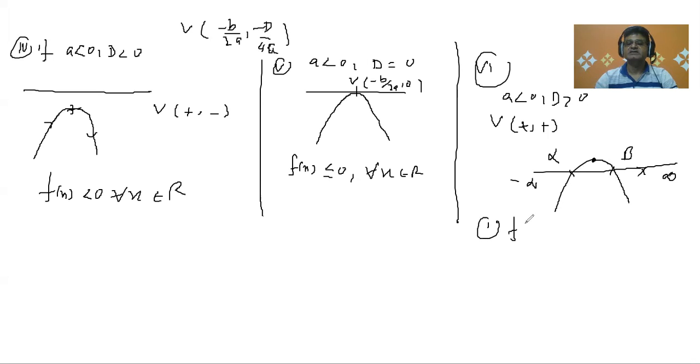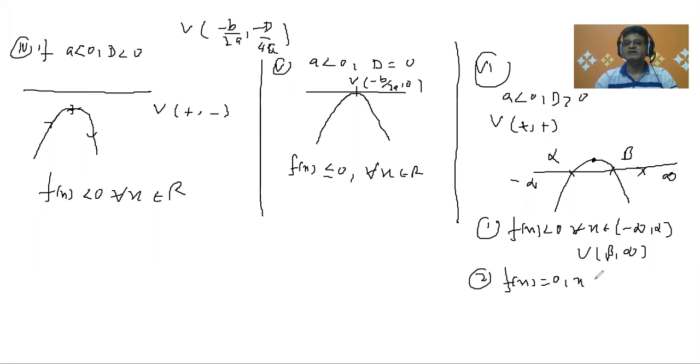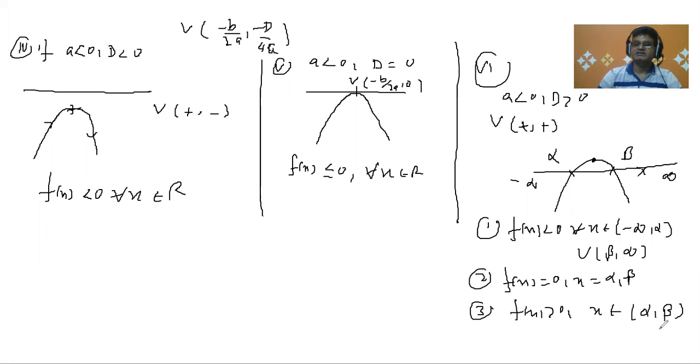So first, fx is less than 0 for all x from minus infinity to alpha union beta to infinity. Second, fx equals 0 when x is equal to alpha comma beta. So fx is greater than 0 when x is between alpha and beta.